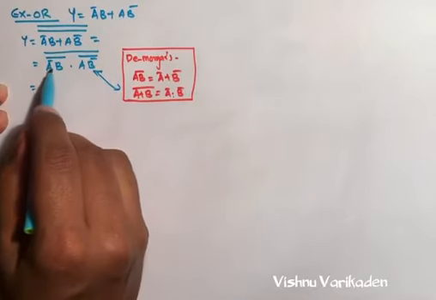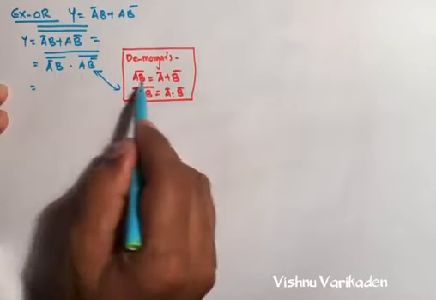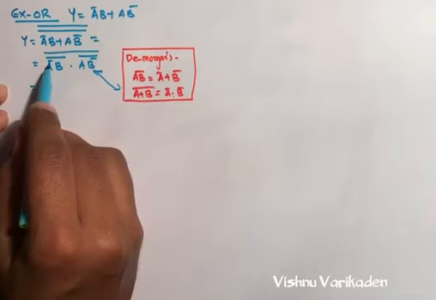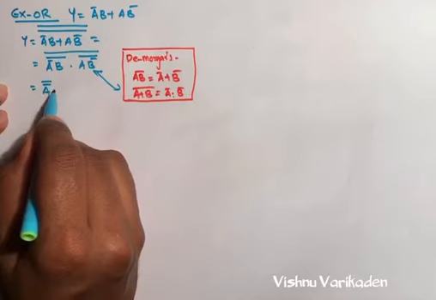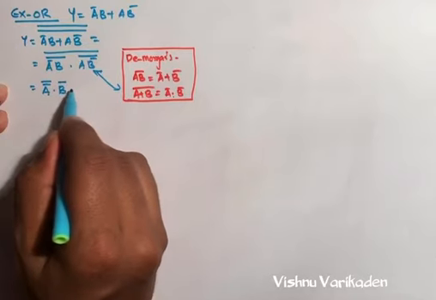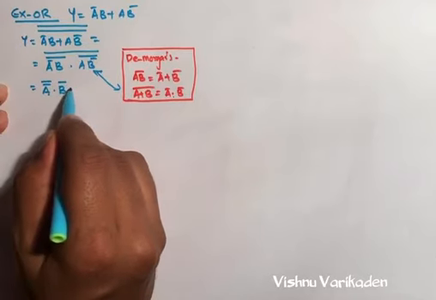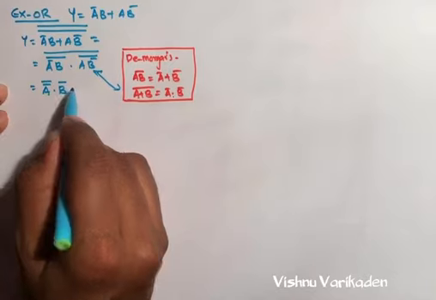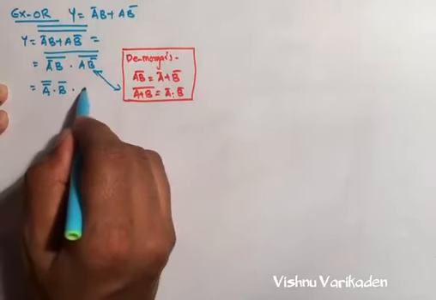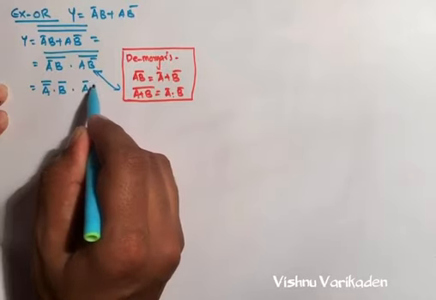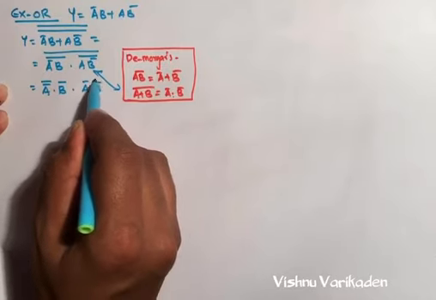Also consider this equation, (A B) the whole bar, (A bar B) the whole bar. We can rewrite A double bar dot B bar, and we can make this equation by A bar B double bar.